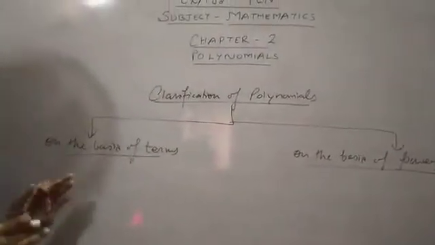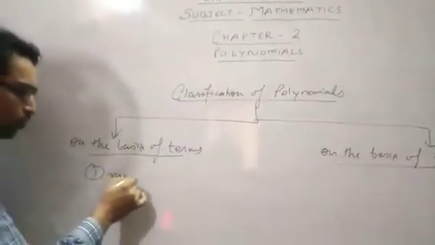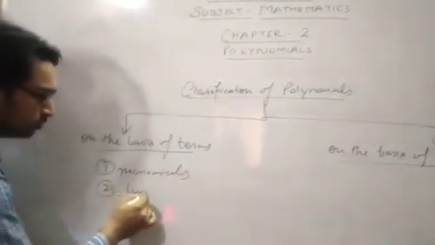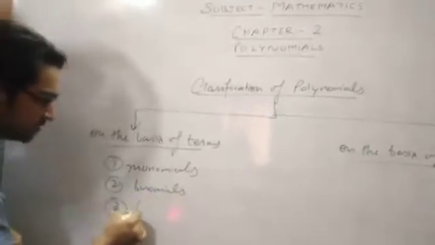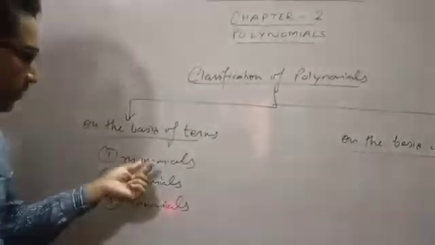Okay, on the basis of terms, there are three types of polynomials. Number 1, monomials. Number 2, binomials. And number 3, trinomials.